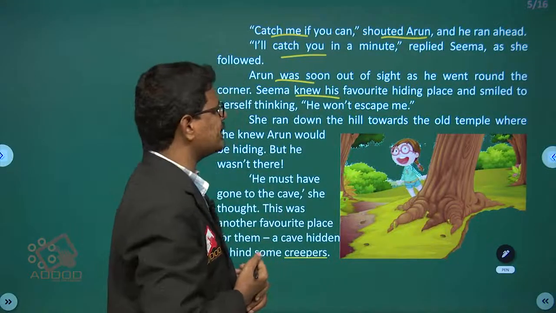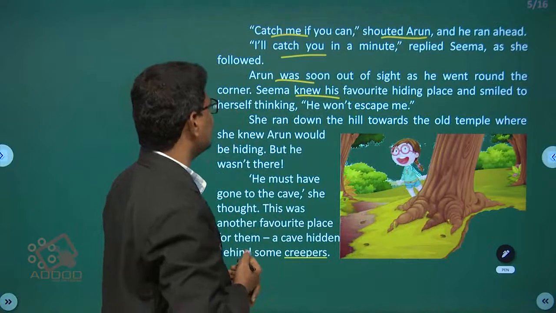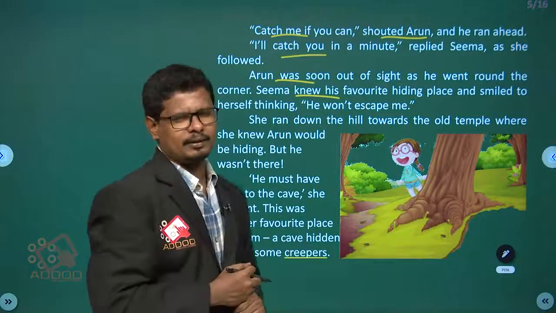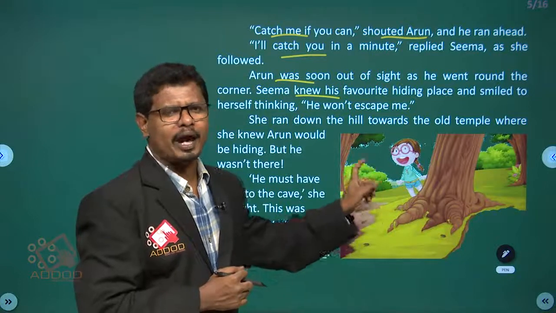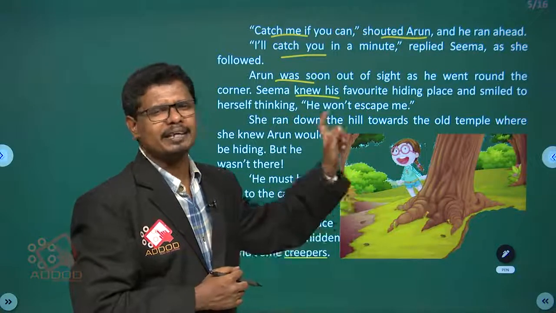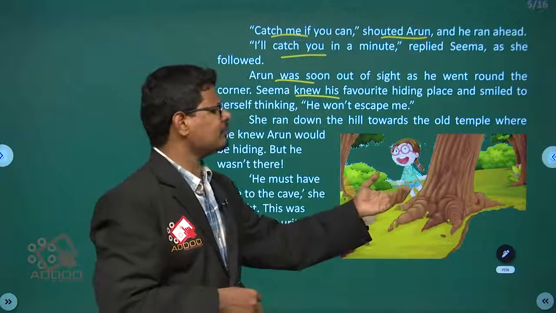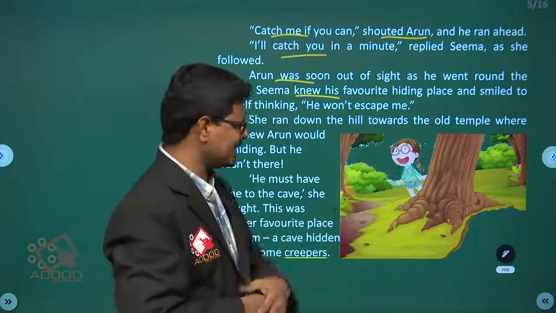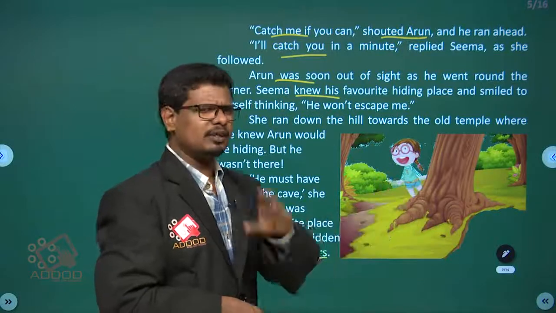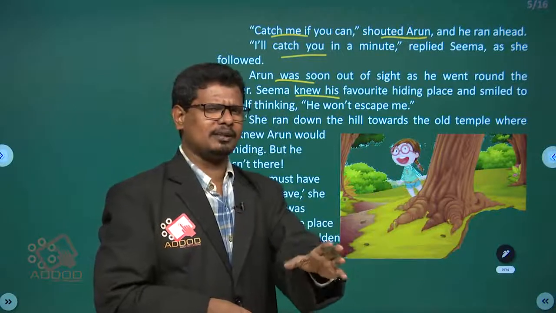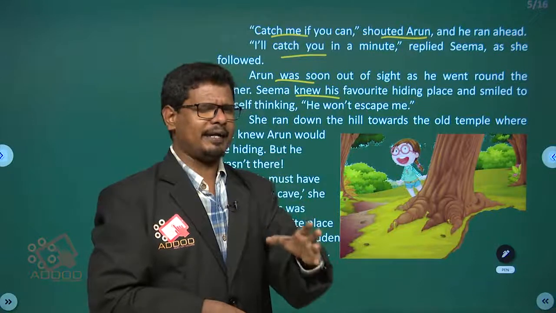Seema knew his favorite hiding place and smiled to herself, thinking, he won't escape me. Seema is well aware of the place where Arun likes to hide, because quite a number of times they played hide and seek, and she found him in the particular place where Arun liked to hide himself.